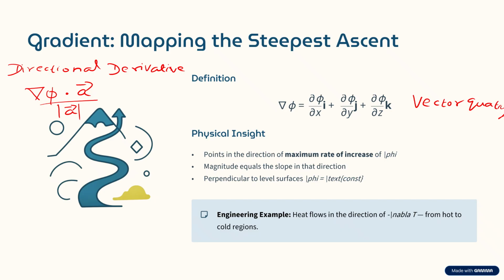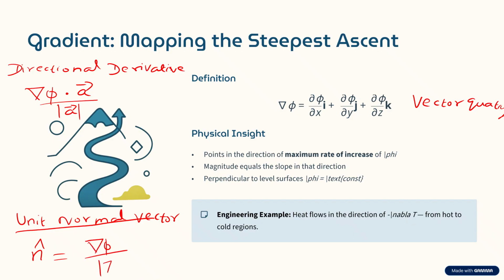Next, we can find the unit normal vector to the surface. Unit normal vector is usually denoted by n cap, otherwise n vector. It is defined by del phi divided by modulus of del phi.